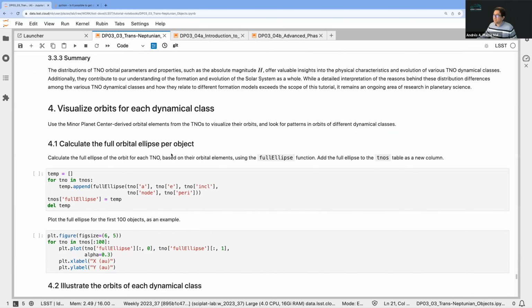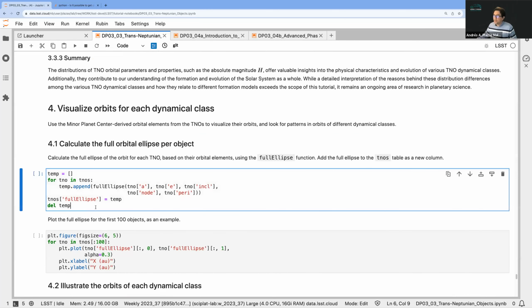So what's happening here? We're going to calculate the ellipse. We're going to use the helper function full ellipse for all the TNOs, which receives the orbital parameters and gives us the parameters of the ellipse.